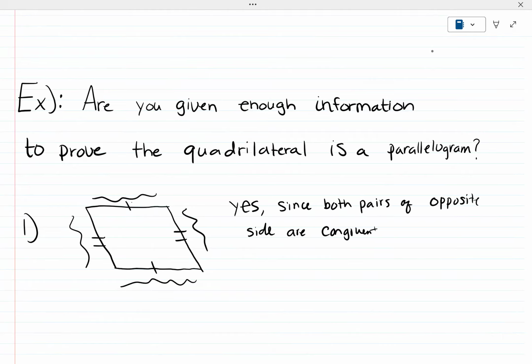Yes, opposite sides are congruent. That was a major prerequisite that they specifically said that both pairs of opposite sides are congruent. That doesn't mean all sides are congruent. It just means this side must be congruent with this side, and this side must be congruent with this side.